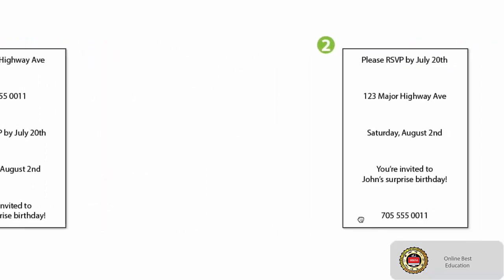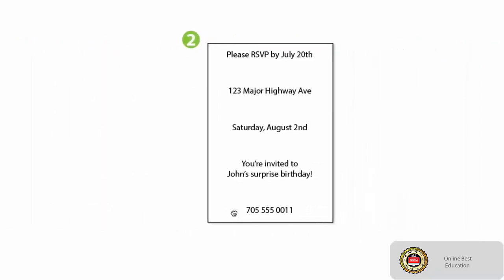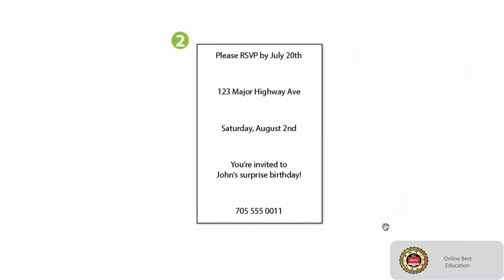I'm just going to slide over to the right just a little bit. Now, this is exactly the same information. It's just rearranged a little bit. So once again, we're handed this in our mailbox or on the street. Instantly, I go, what is this for? What is it, and why do I care? Well, at the very top, usually we read top to bottom, it says, please RSVP by July 20th.